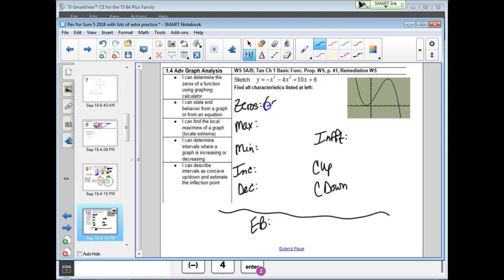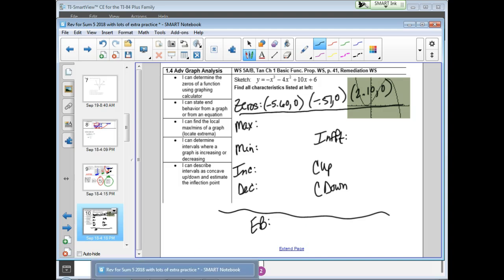You can write them as ordered pairs if you'd like. If you just wrote down negative 5.60, that's fine. The other X-intercepts are negative 0.51 and 2.10, I believe. So those are all found the same way: left bound, right bound, enter.